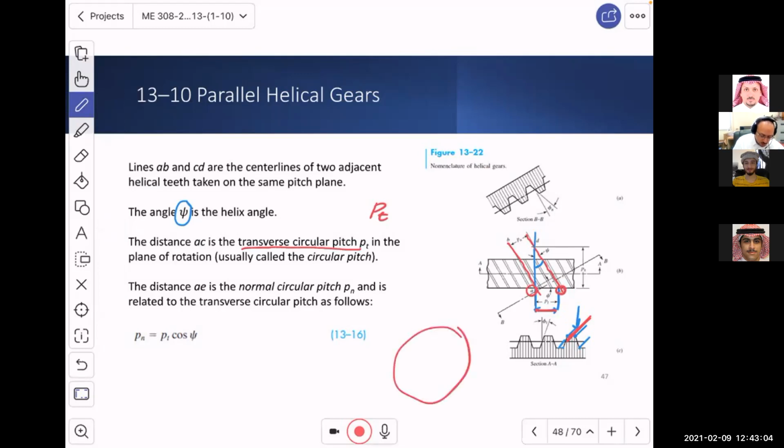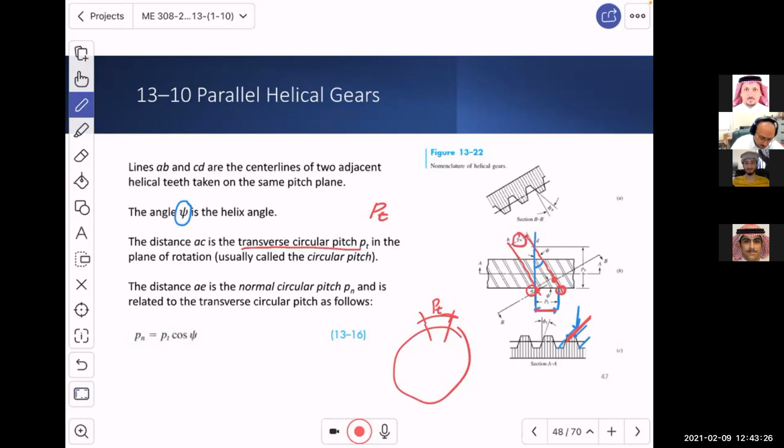You can think of it this way. This is PT, from one tooth to another between two adjacent teeth. The distance AE, which is from here to there, is marked over here.